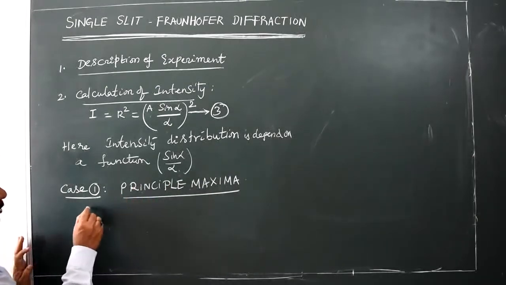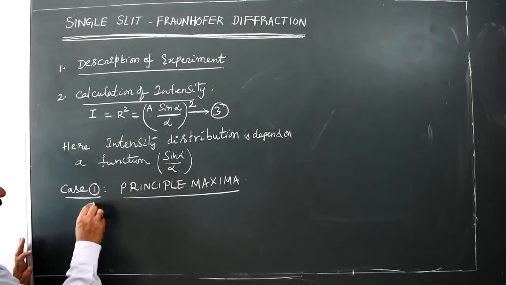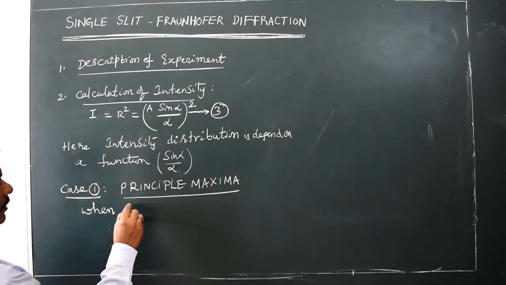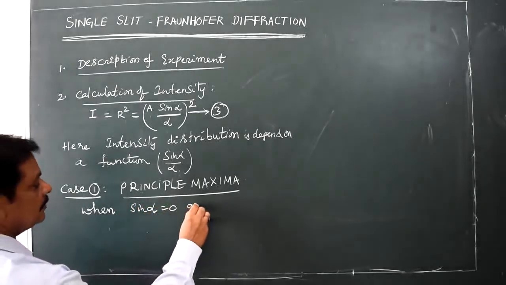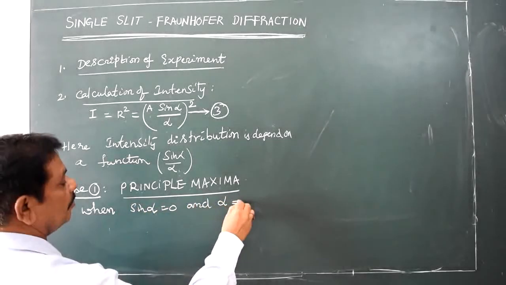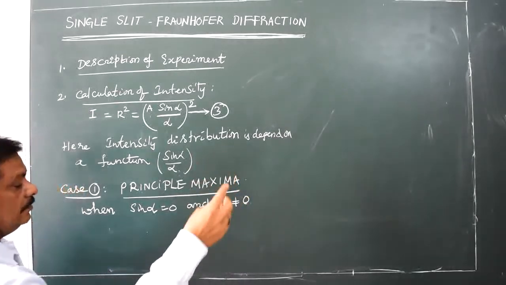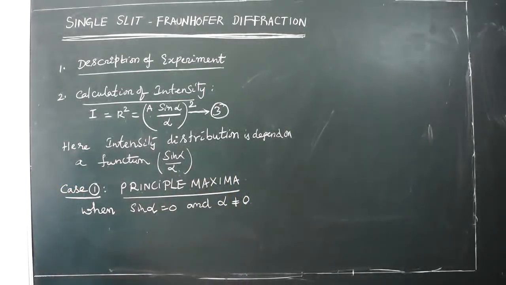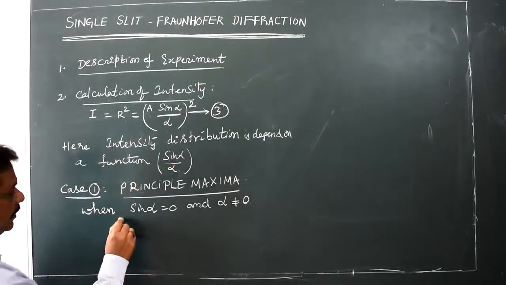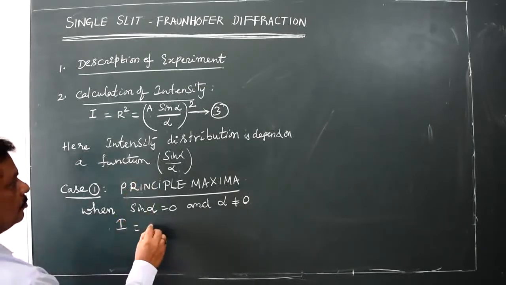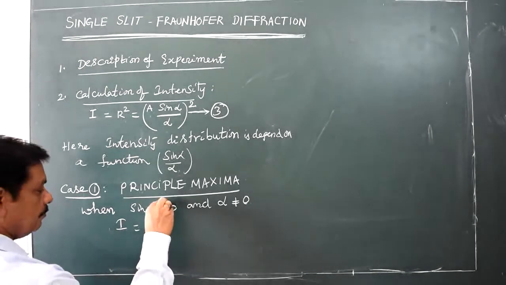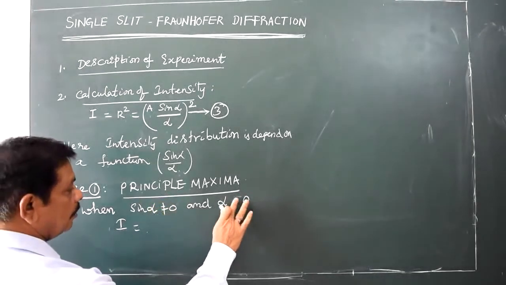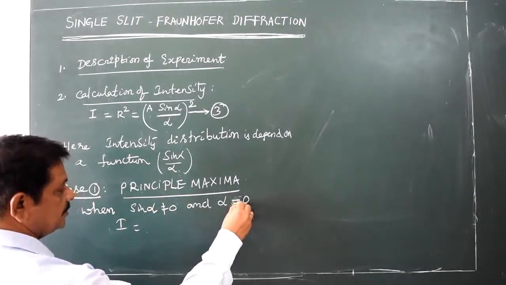The principal maxima is observed at a particular condition: when sin alpha is not equal to 0 and alpha is equal to 0. This is the condition.